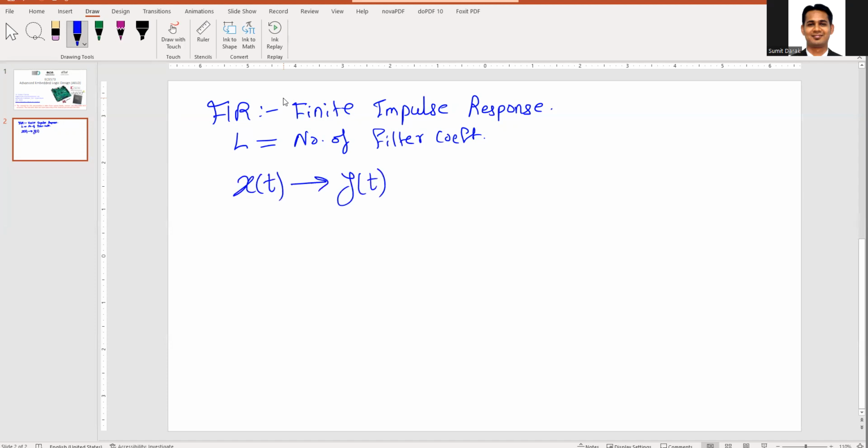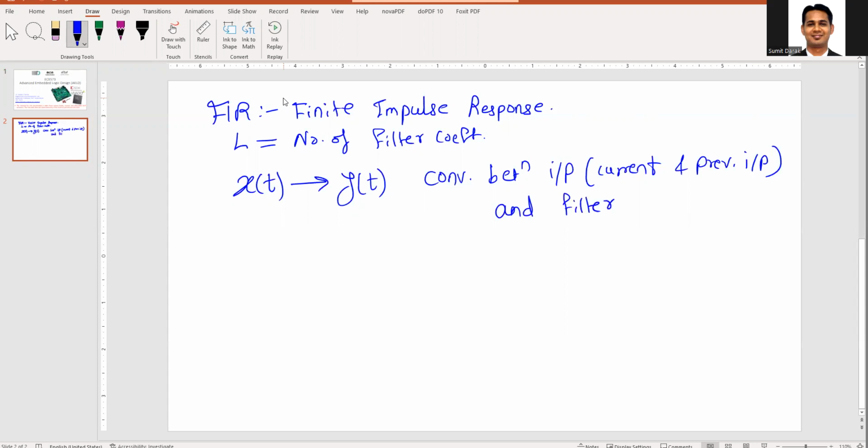And this y of t is obtained by the convolution between your current and previous inputs and the filter weights.